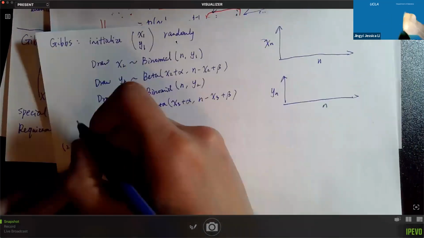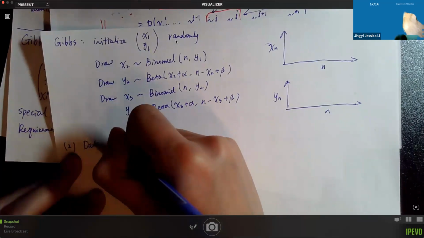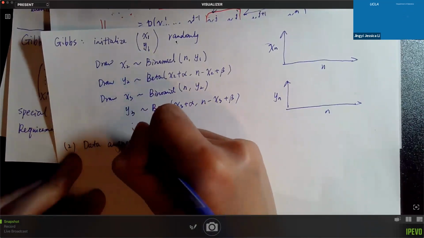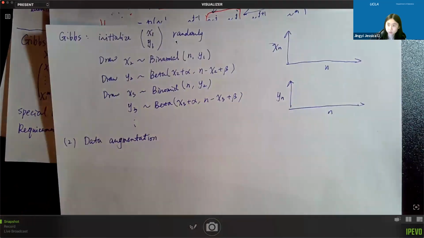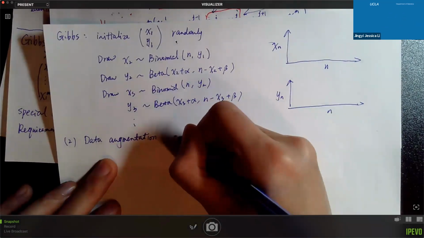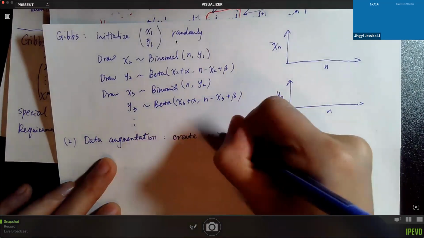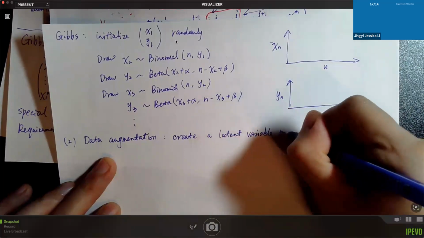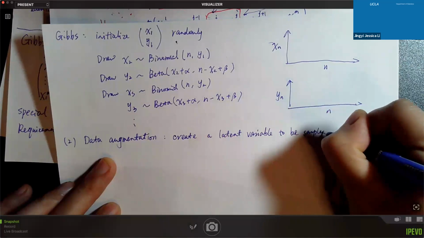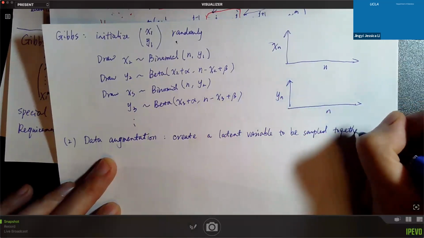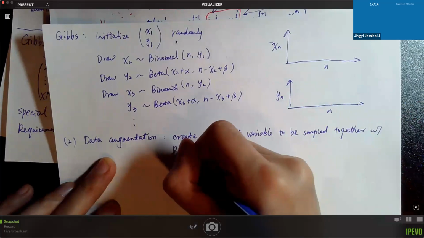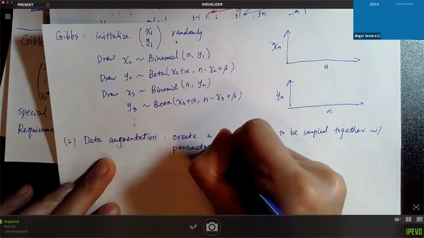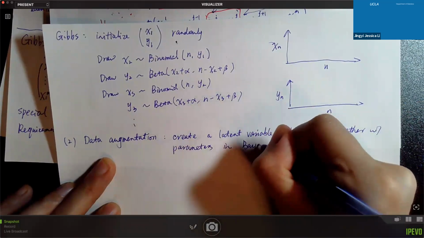So we call this data augmentation. This is a technique in Bayesian statistics, which means that you create a latent variable to make the sampling easier. A latent variable to be sampled together with parameters in Bayesian inference.